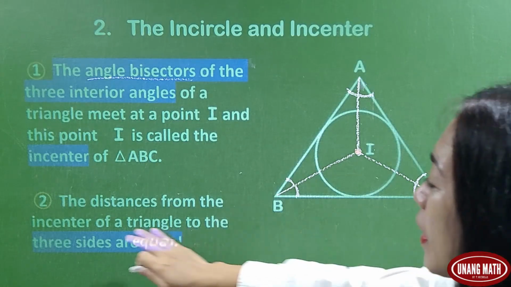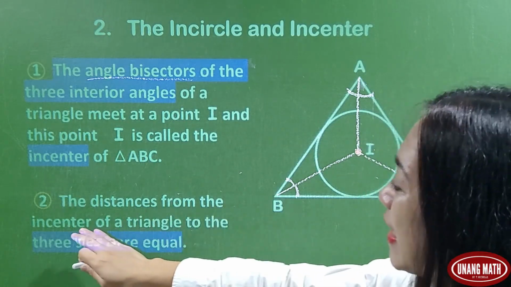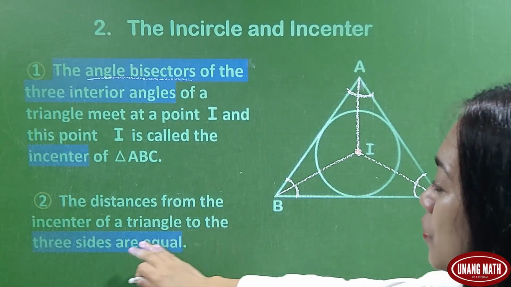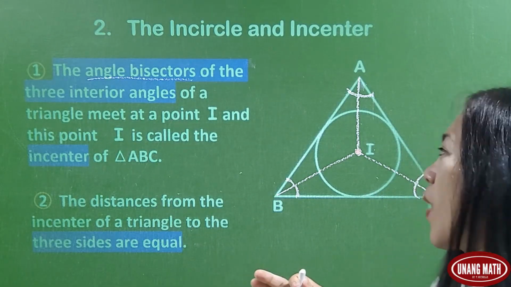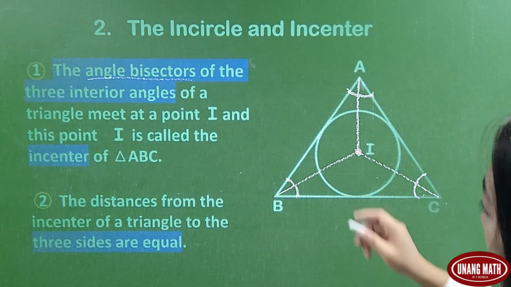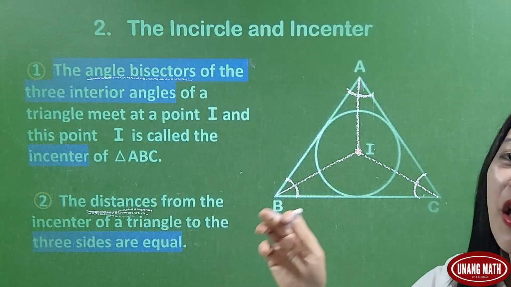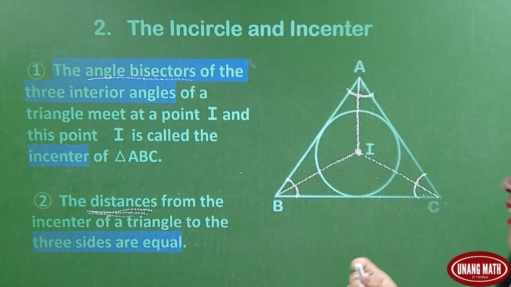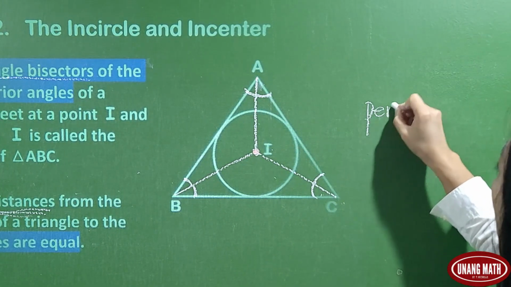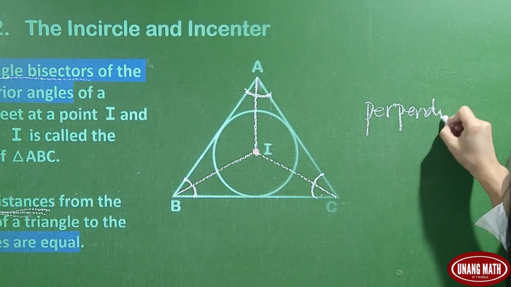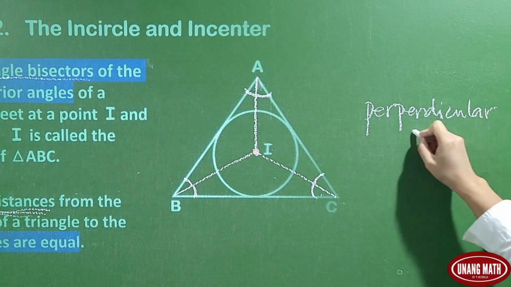Okay, and then the distances from the incenter of a triangle to the three sides are equal. What does it mean by that? Take note that in math, when we say distance, this is the shortest distance, or in other words, the perpendicular distance.